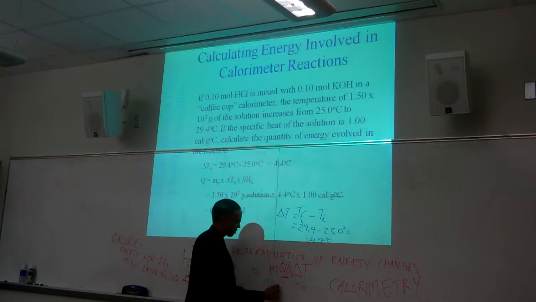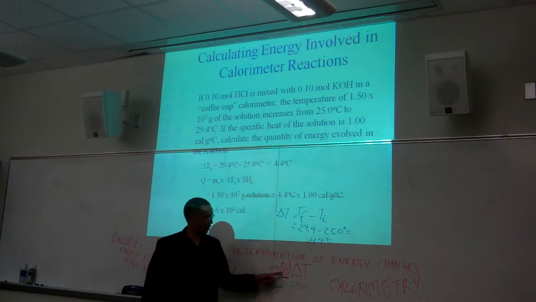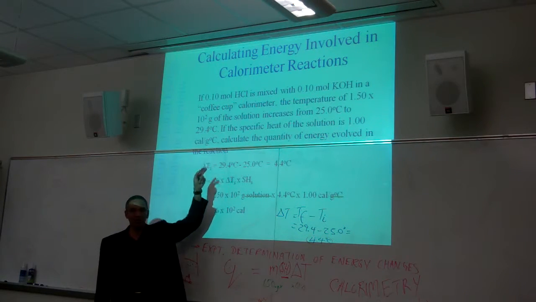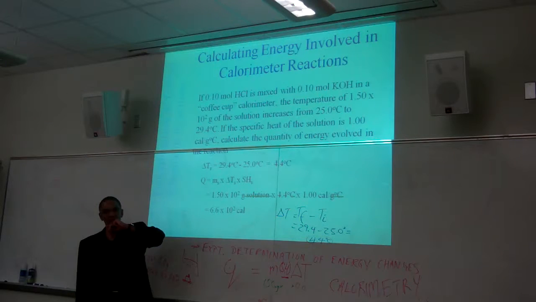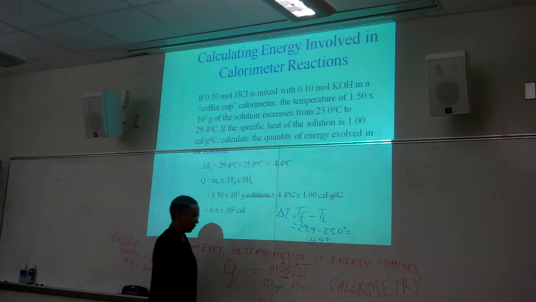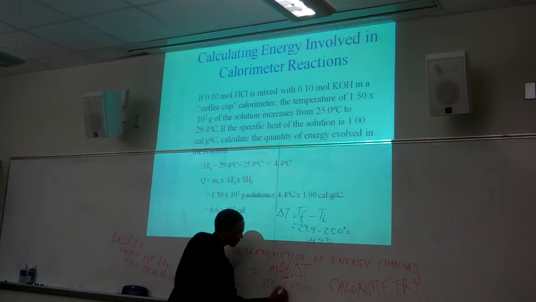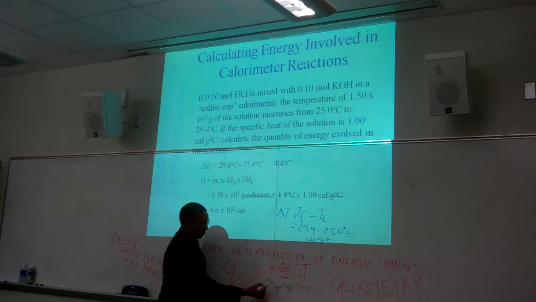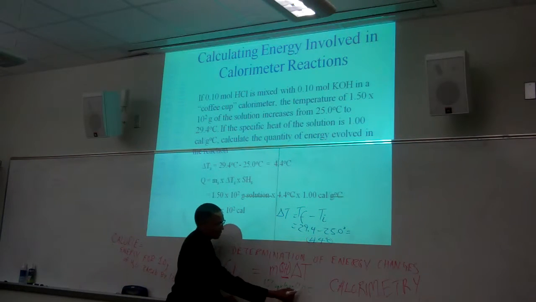That's grams. Do they have SH listed for the solution? 1 calorie per gram. You see that? This is Celsius. This is 1 calorie per gram per degree Celsius. So the gram is going to cancel out, and the Celsius is going to cancel out.